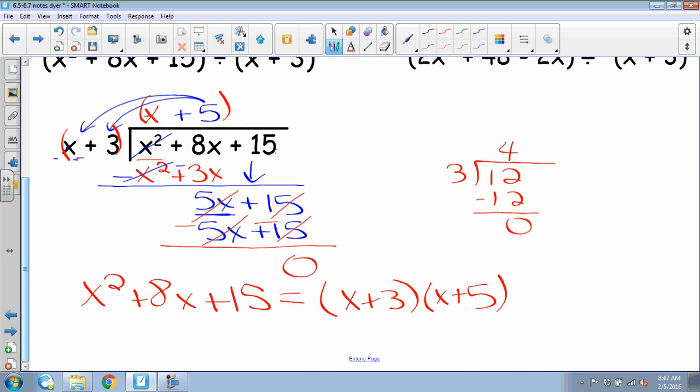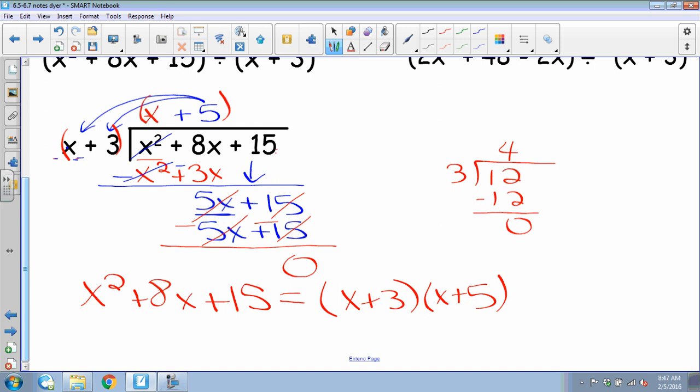Do y'all remember when we were looking at vertex form, and we were picking out the vertex of a quadratic, and I said if it's in the grouping symbol, it's the opposite sign? Same thing. Negative 3, negative 5. So once you find the factors, if the directions say find the solutions, you take each factor and set it equal to 0.